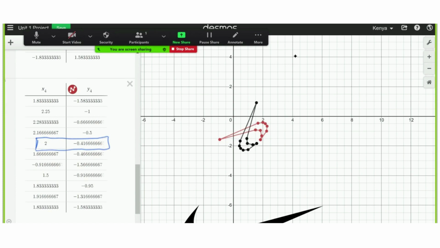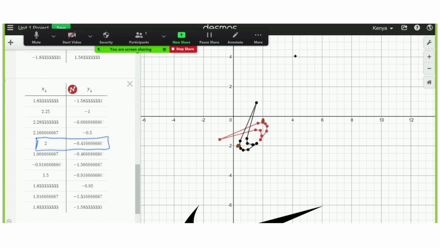So the 2, 0 point right here, okay, -0.4167. And the corresponding point for that one is going to be on the curve, right here. Okay, so we got our 2 points.